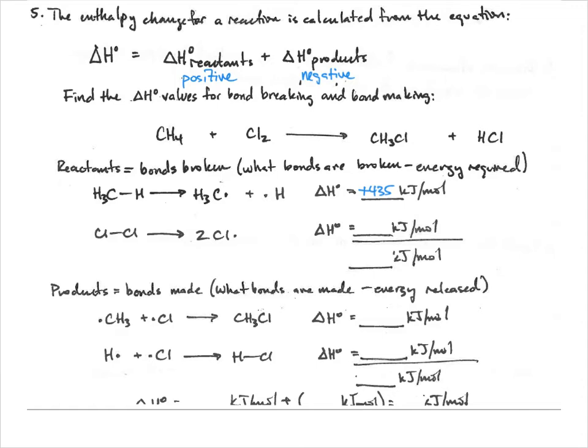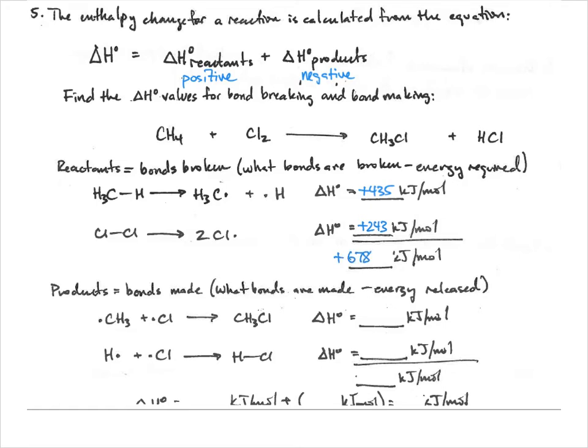Maybe throw a number in the chat. Cole says 243, that's what I got as well. So we're writing plus 243. So we add these numbers together, 435 plus 243, that gets us plus 678.